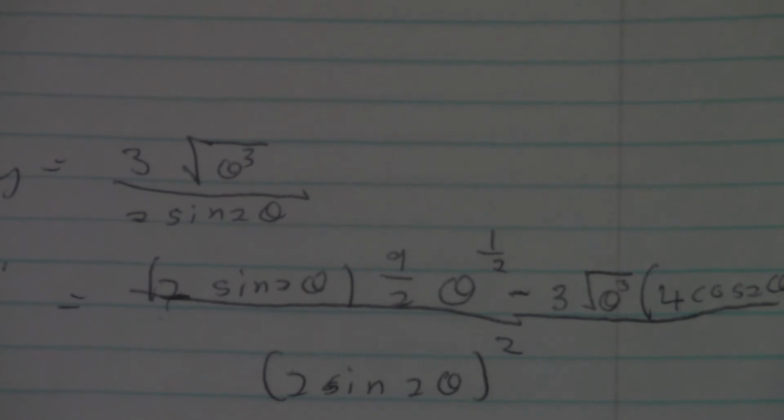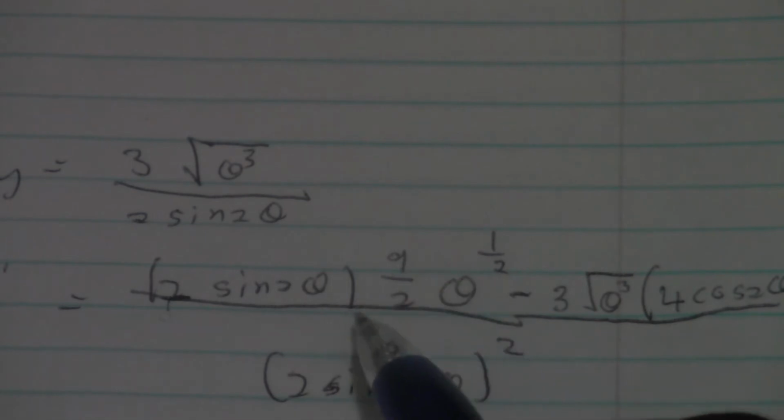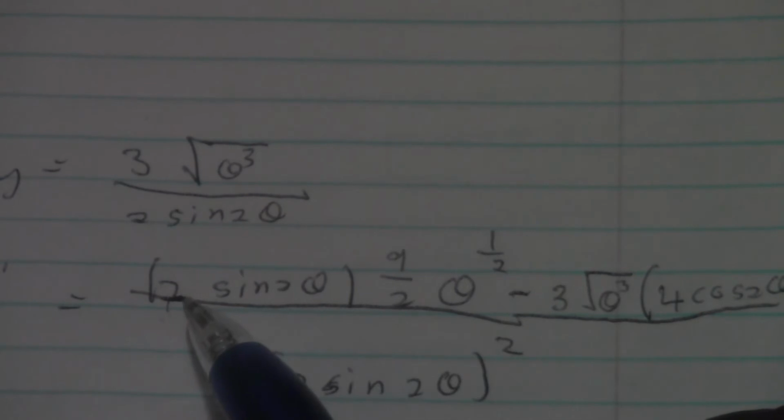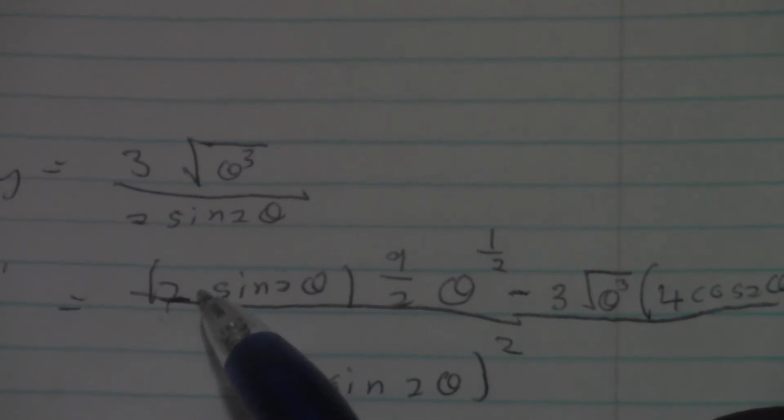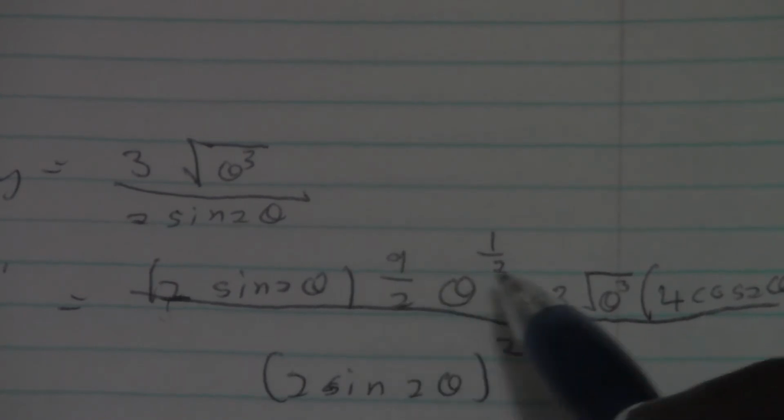Now how do we make this look like that? This is kind of frustrating. They factored out 3 times. Because I have 9, and 2 times 9 is 18 divided by 2, which is 9. Oh, I could just cancel out the 2.